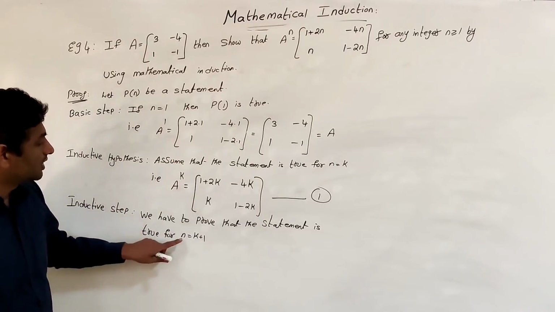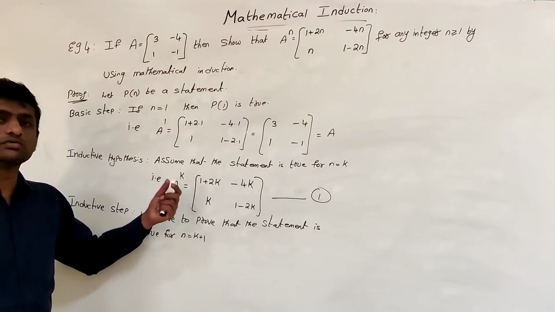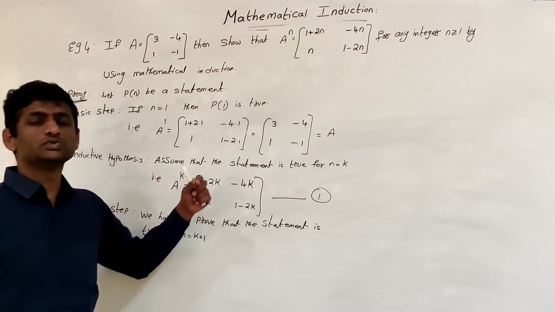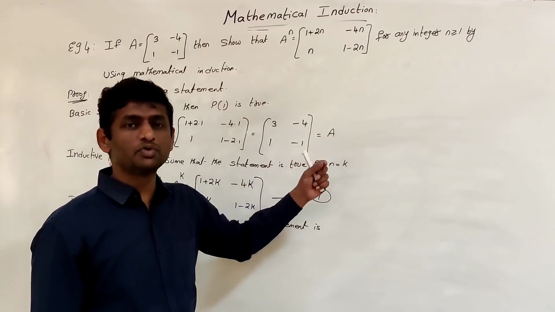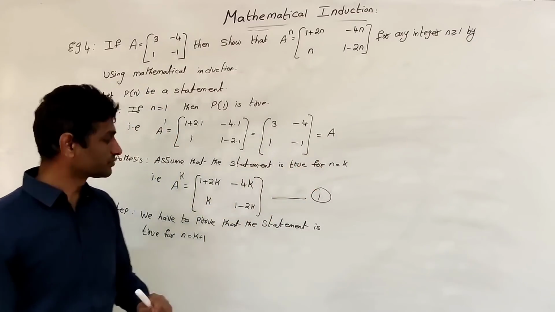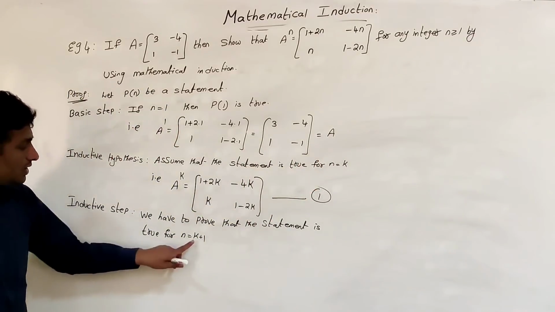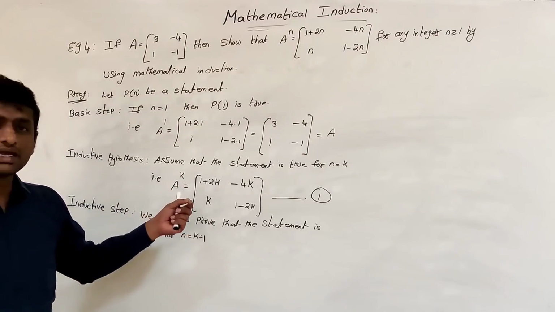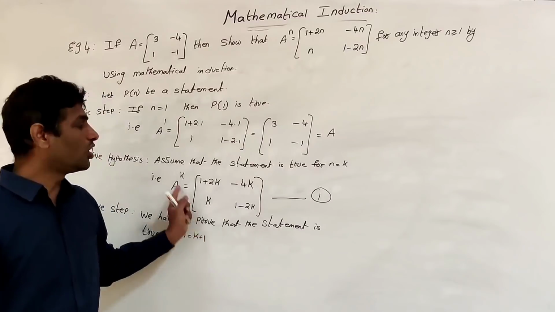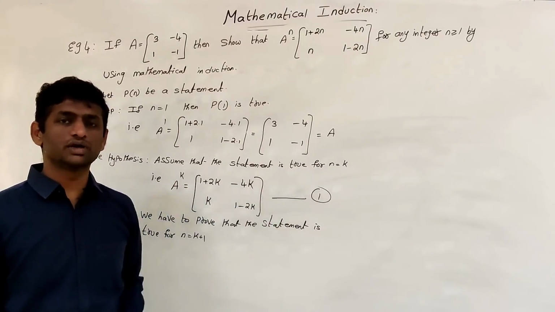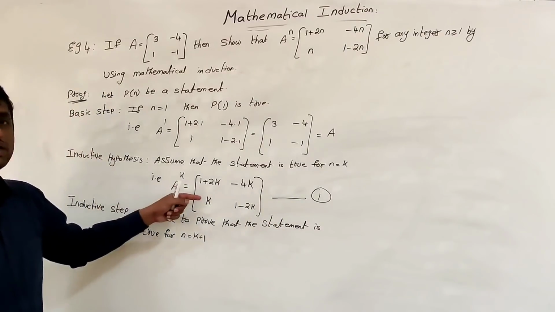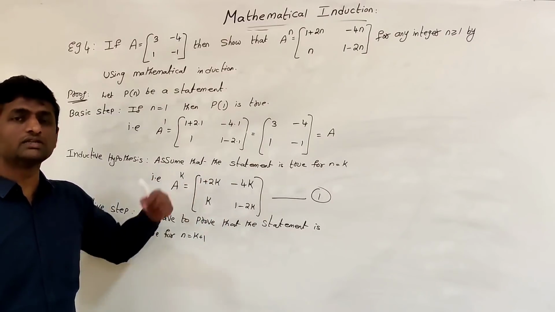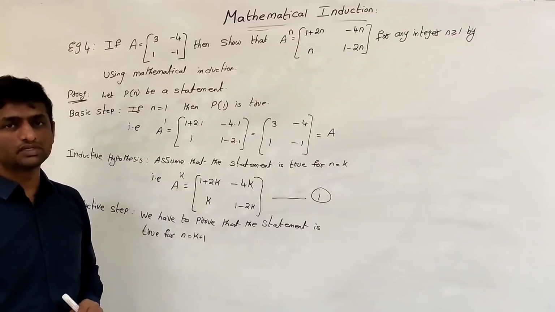Now for that what do we have to multiply, because A to the power of k means what? A into A into A up to how many times? k times. In order to get k plus 1 here, we have to multiply A on both sides of equation 1, so that on the left hand side you will get A into A into A up to k plus 1 times. So that will be k plus 1.